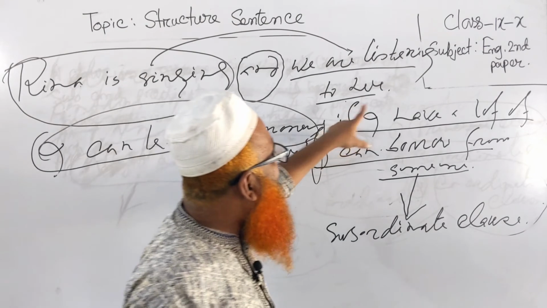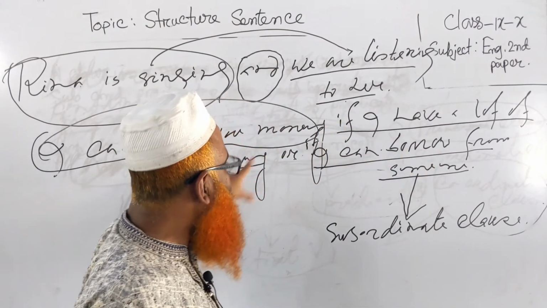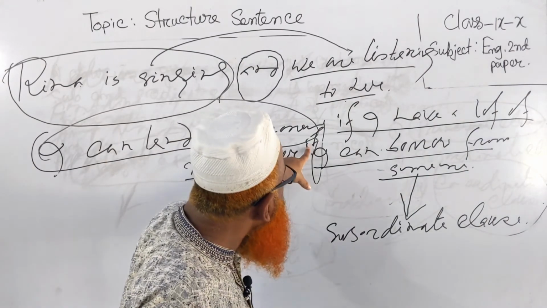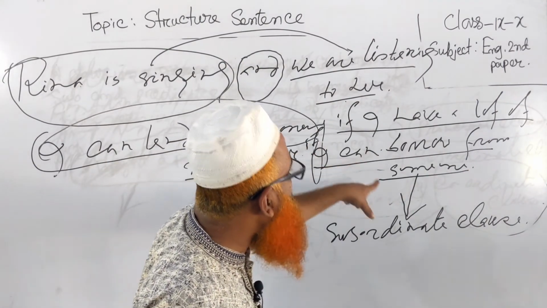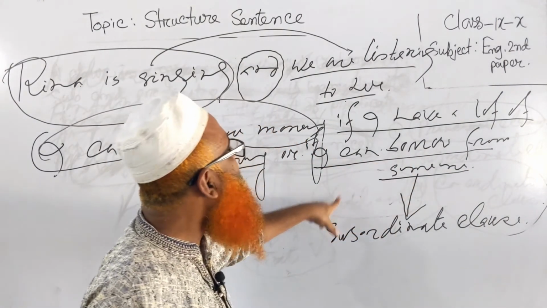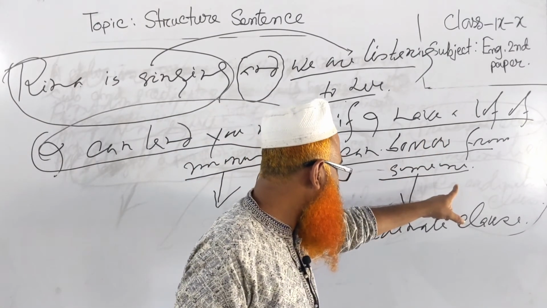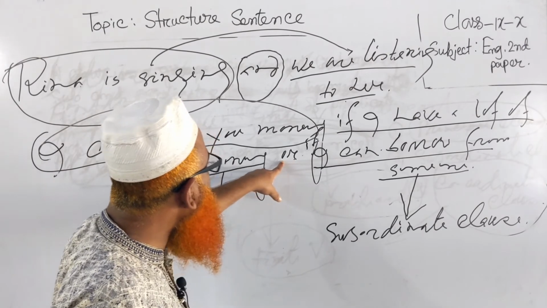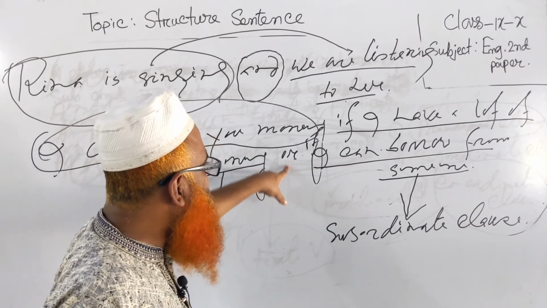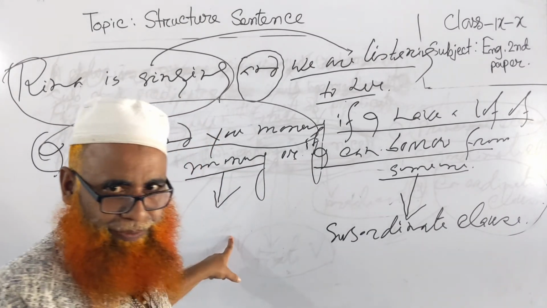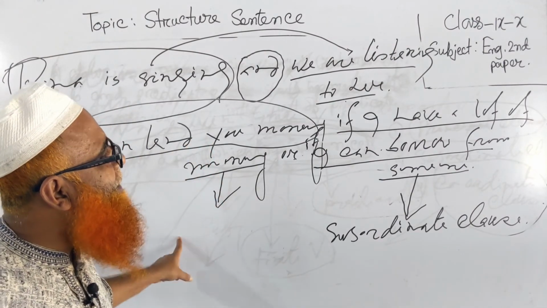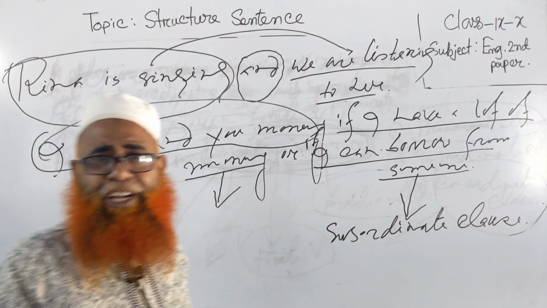Here, if I have a lot of money is a subordinate clause. Another, if I can borrow from someone, is also a subordinate clause. The joining conjunction or joins the subordinate clauses. So it is a coordinate clause. Can you understand?